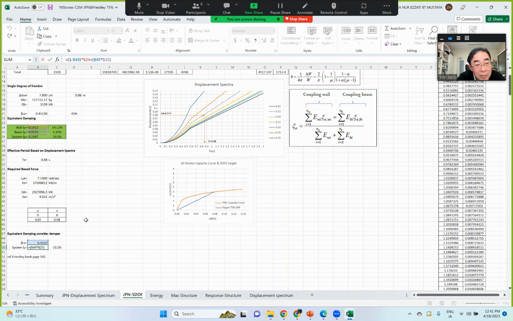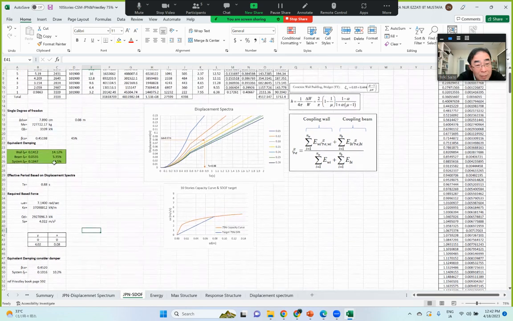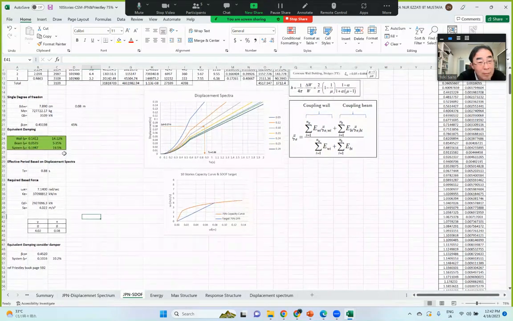Yes, it's a little bit different. For the Priestley book it is about 10%, but based on the energy equation it is about 19%, almost 20. The energy average gives very large damping. Do you want me to open the formula, Sensei? No, it's okay.